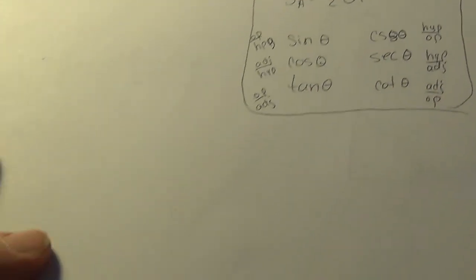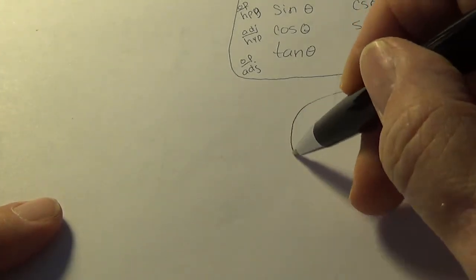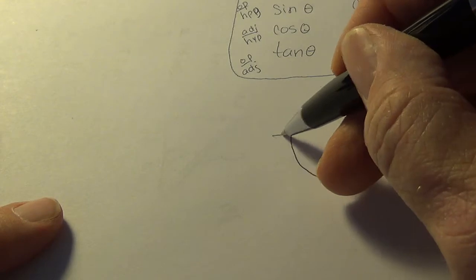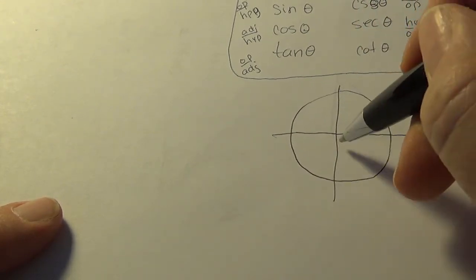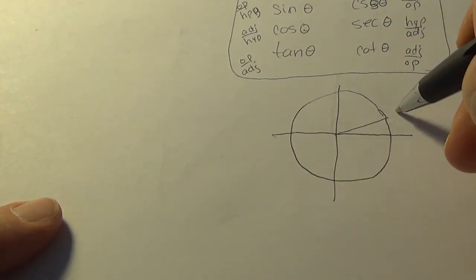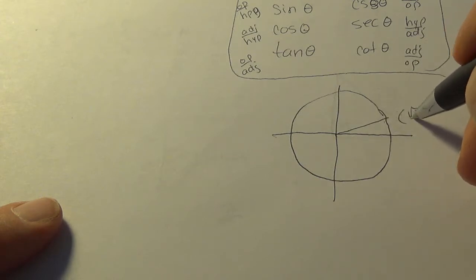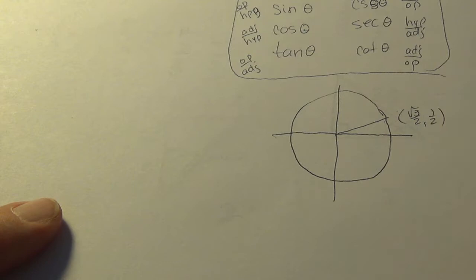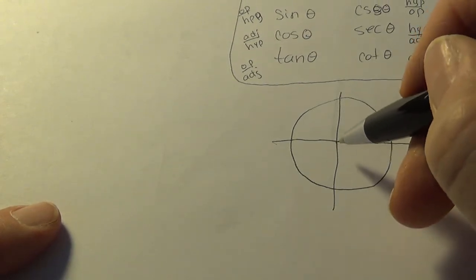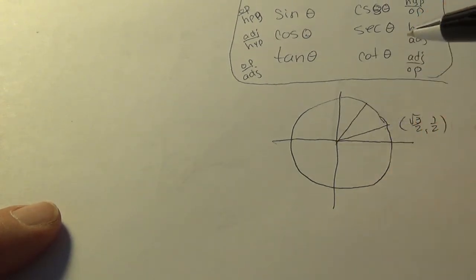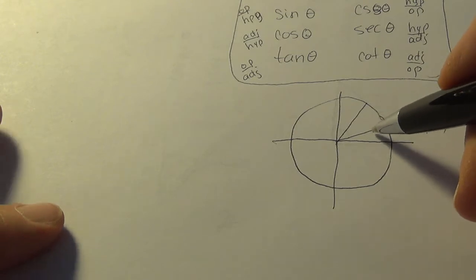Oh, I know, of course, the unit circle. I'm not going all the way around, but we know we go over the short, over the long and up the short. That's square root of 3 over 2 is the long guy. The short guy is 1/2. And that flip-flops when we go over to, this is 30, or pi over 6.